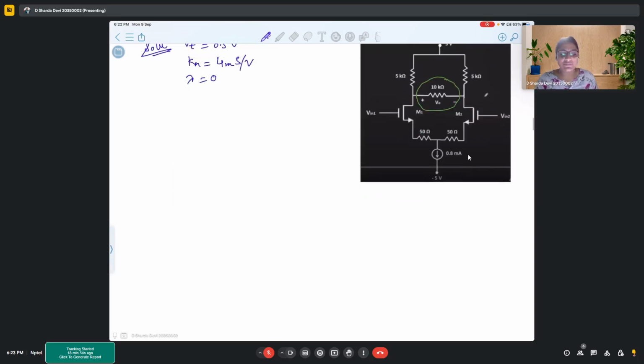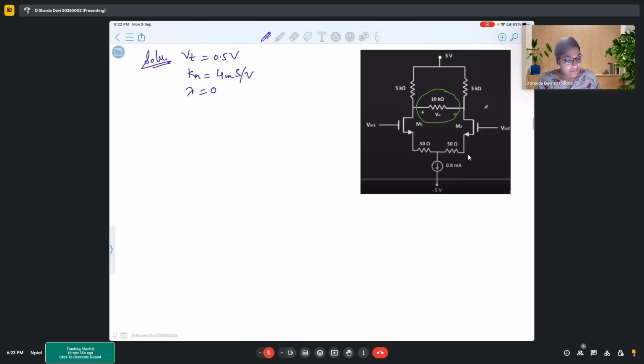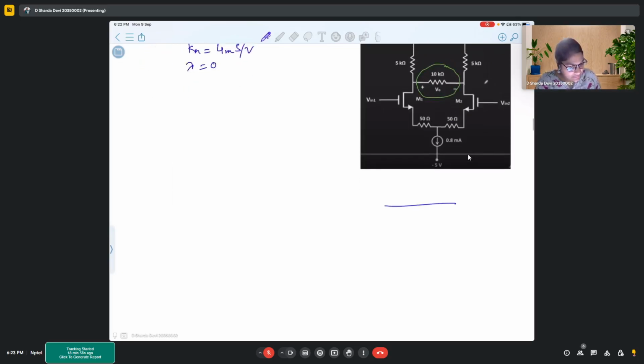So analyzing half the circuit is sufficient. So how would the resultant circuit look like? This is 5K, 5K, 5K, 5K.